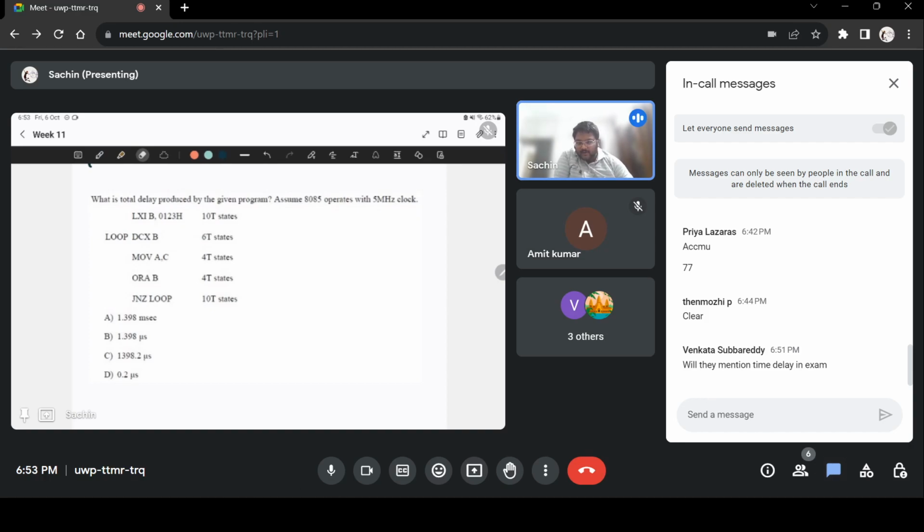First we need to know what these instructions are, otherwise we can't solve anything.